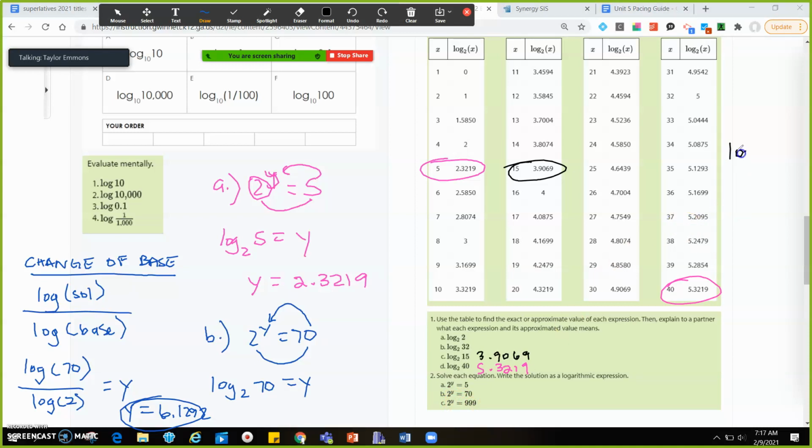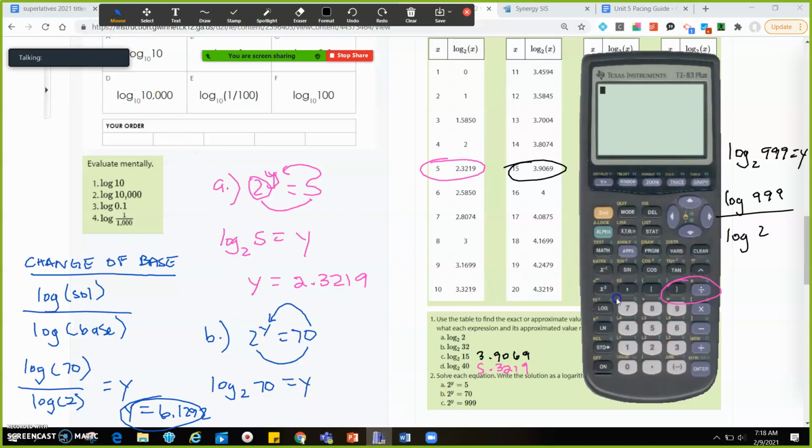Again, we're going to have to use that change of base formula in order to solve this, which is going to be log of 999 divided by log of 2. So I'm going to go into my calculator and type log of 999 divided by log of 2. And that's going to give me 9.9643.